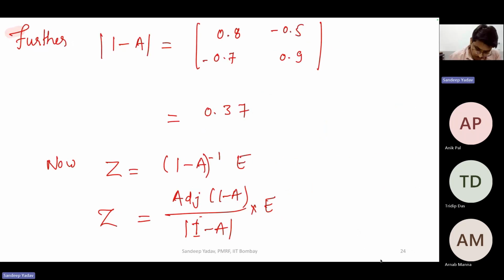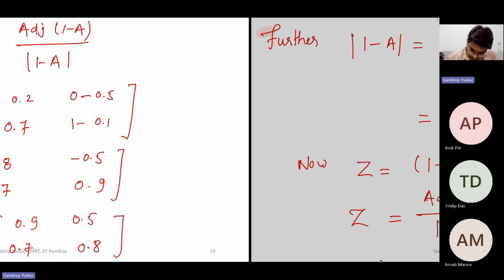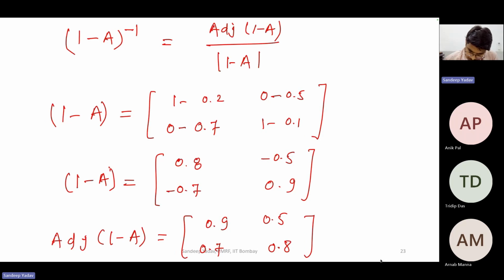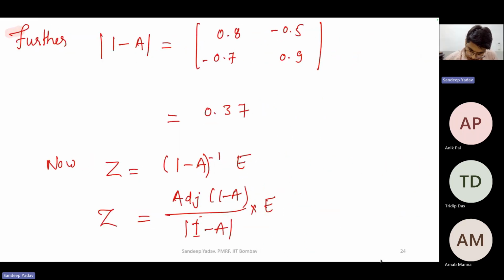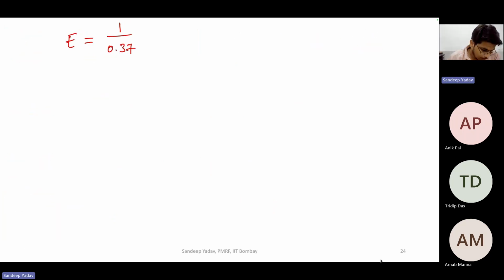Okay. Now we just have to put in the values. Adjoint of I minus A we have calculated here, and the mod we have calculated here. We are taking the mod as 0.37, and the adjoint is 0.9, 0.5, 0.7 and 0.8, multiplied by E. E we know is 15 and 5.